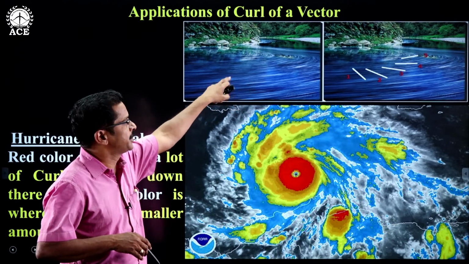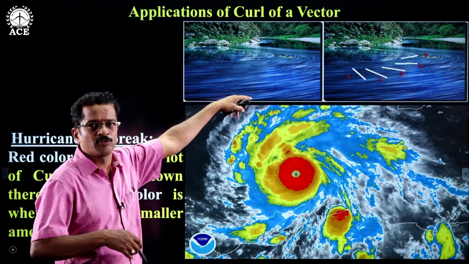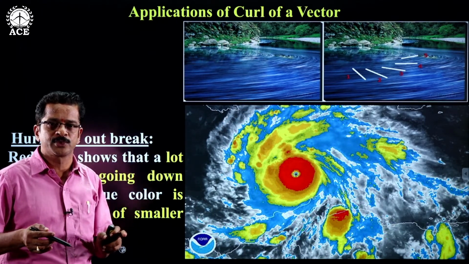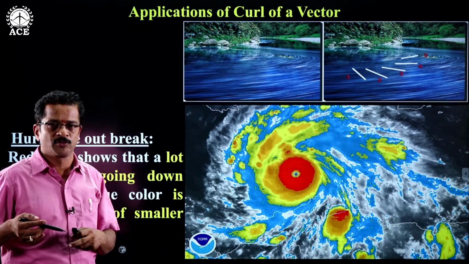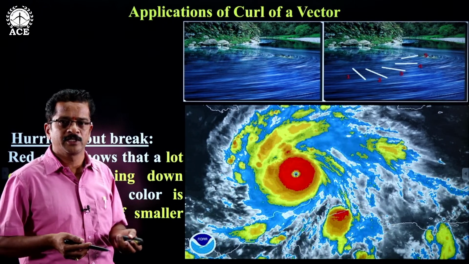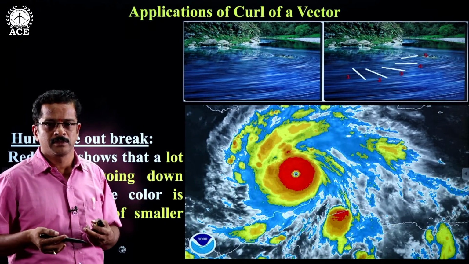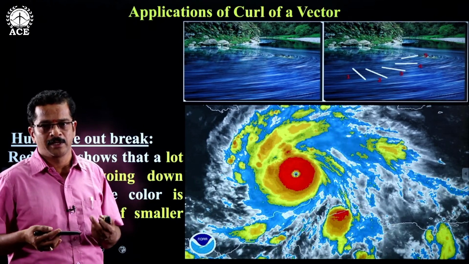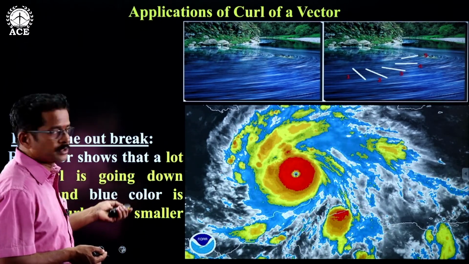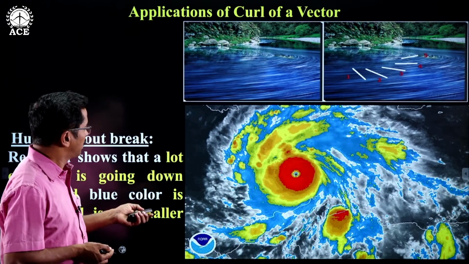If you construct it in such a way that the water flows rotationally, then the flow speed of the water will reduce, and we can reduce the damage to the dam and its gates. That is one application we have. It's a very excellent application under curl.